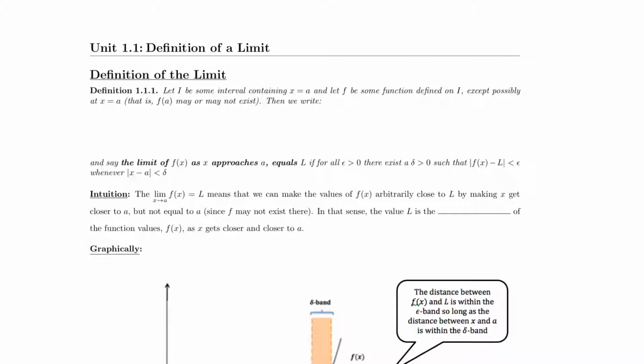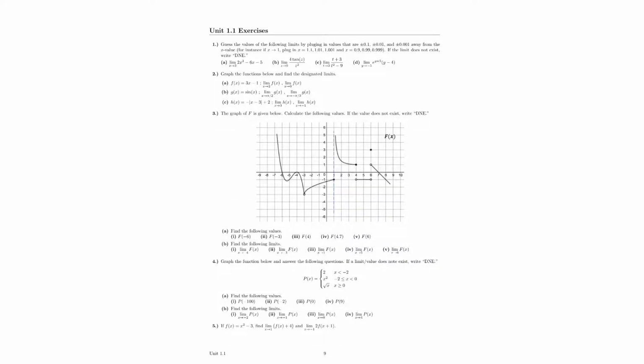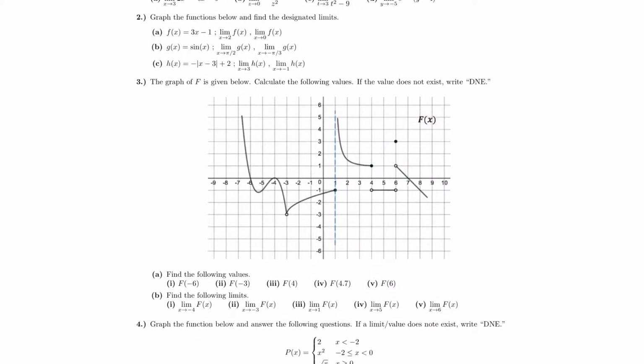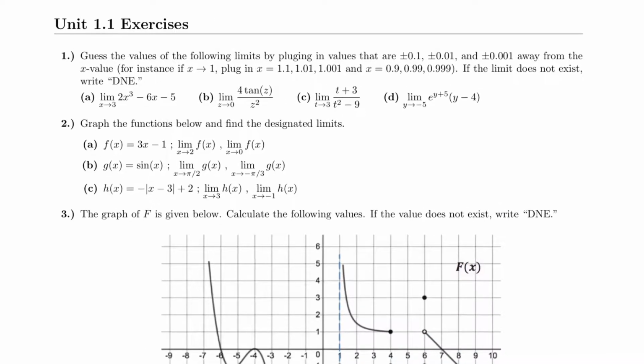At the end of every section, there are problems in the back. For sections 1.1, 1.2, and 1.3, I suggest you do all the problems that are in these guided notes.